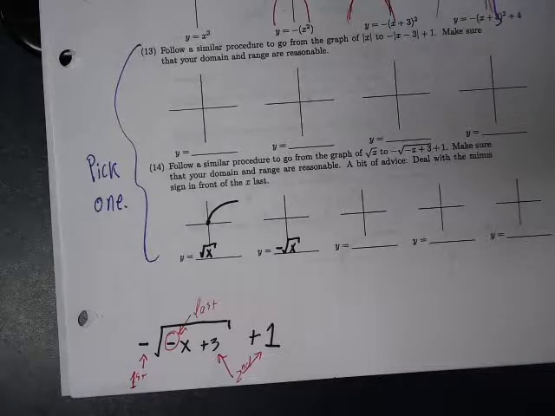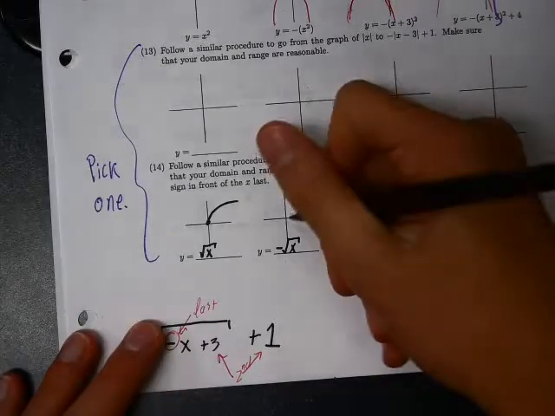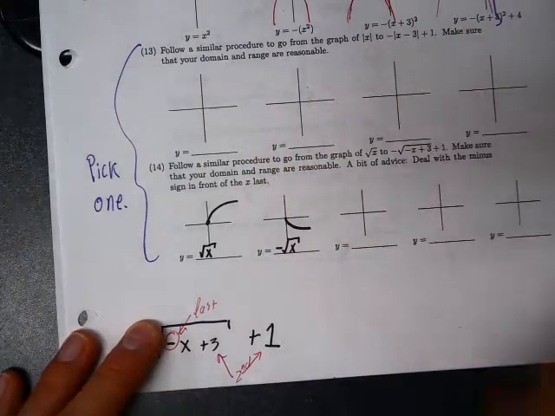I need to flip it over something. Flip it over the x-axis, or if you're like me and you easily get confused between which is x-axis and which is y-axis, you're going to do the flip that changes y values. You're going to flip it vertically. So there's the graph of negative the square root of x.